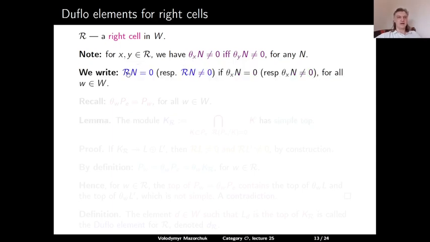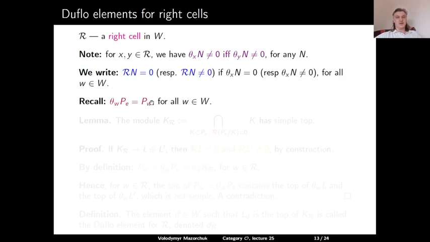So we will simply write RN equals 0 or RN not equal to 0 if theta_x N is equal to 0, respectively not equal to 0, for all elements x in R.